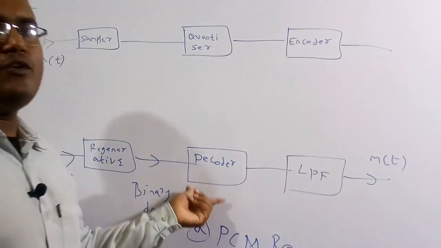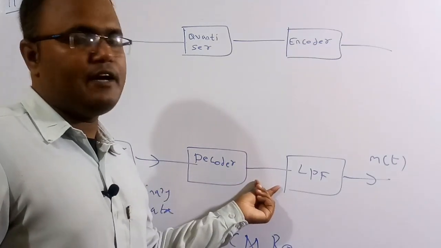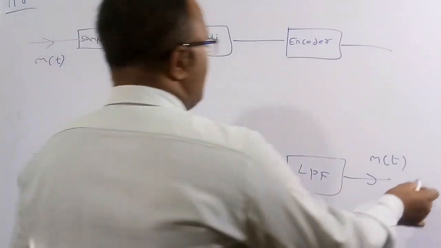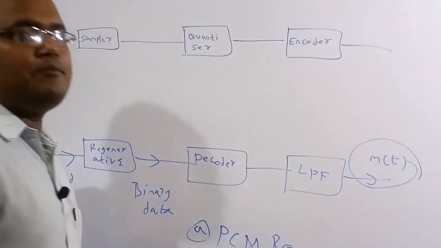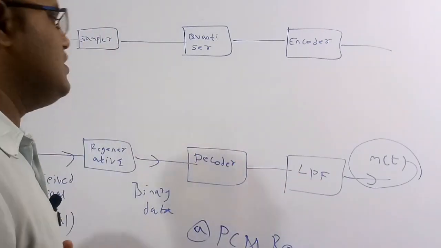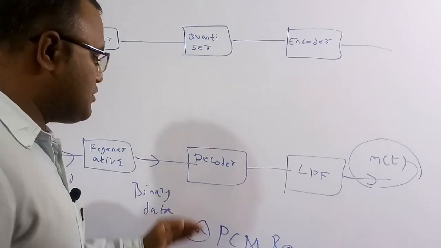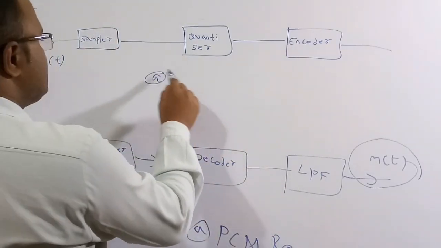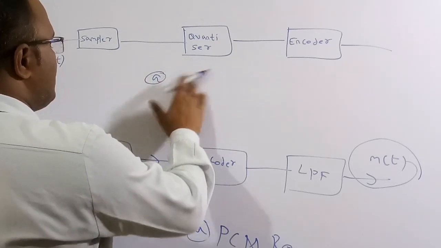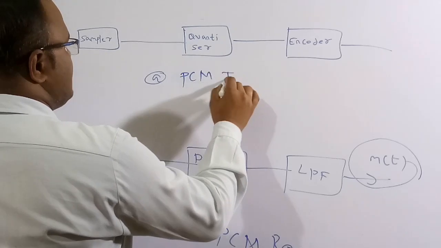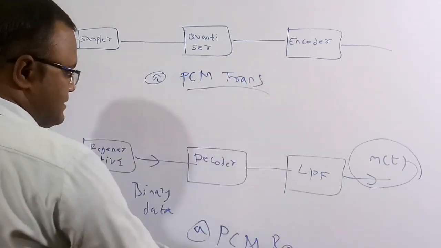By using the decoder we convert it into an analog amplitude value, and then by using the low pass filter we get the pure message signal. Every scheme is all about modulation and demodulation in order to get back the same original message signal. So this is the PCM receiver circuit, and the above is the PCM transmitter circuit. It is a digital modulation; this PCM belongs to digital communication methods.